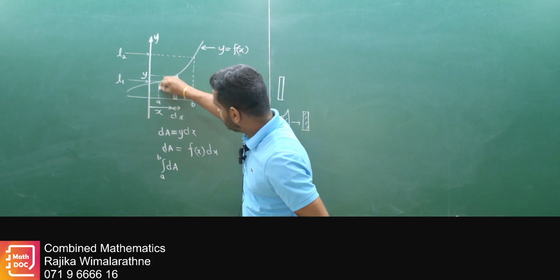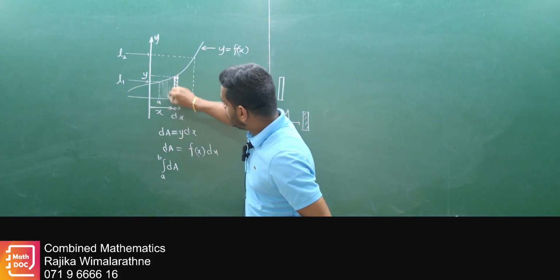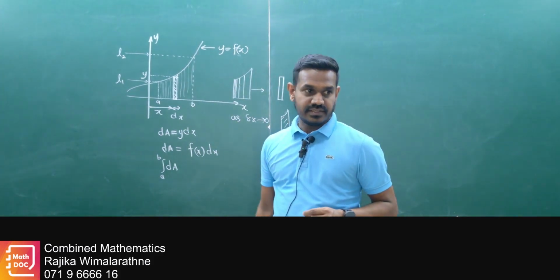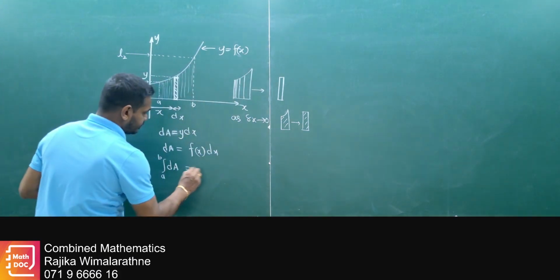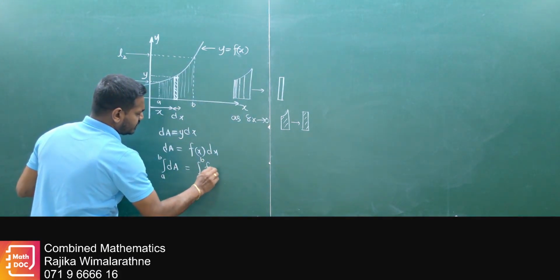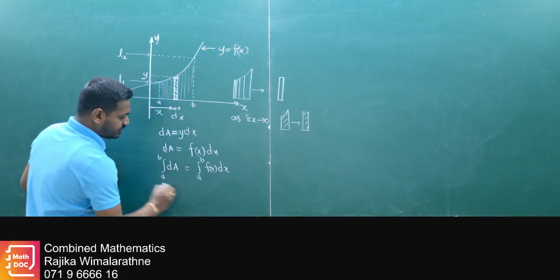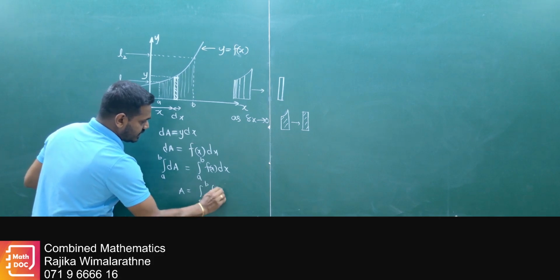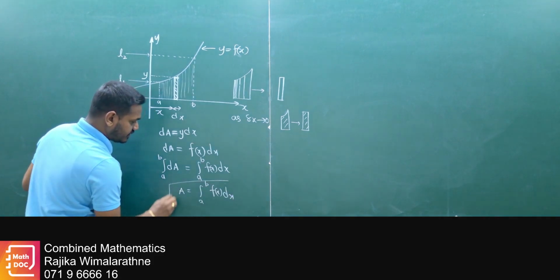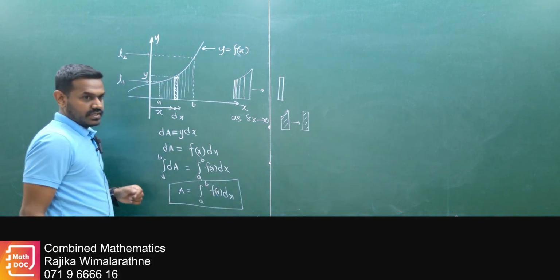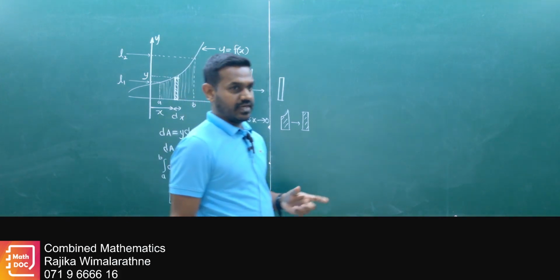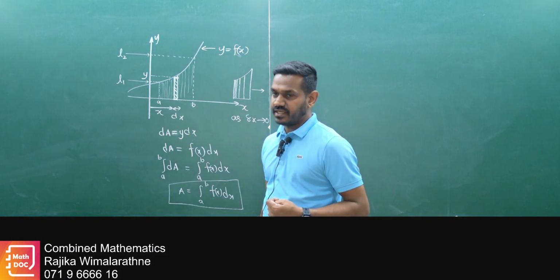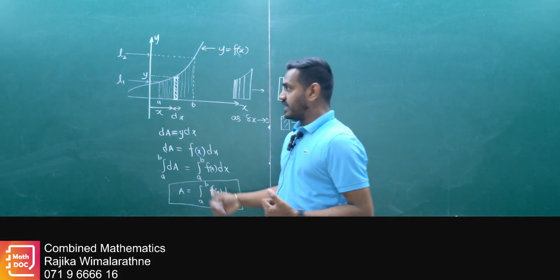By integration we take continuous addition: the integral from a to b of f(x) dx. This we call the area bounded by the curve. Therefore, when we integrate a function within a given limit, that represents the bounded area. That is the fundamental definition of area.